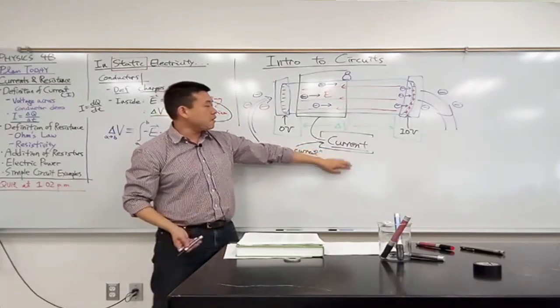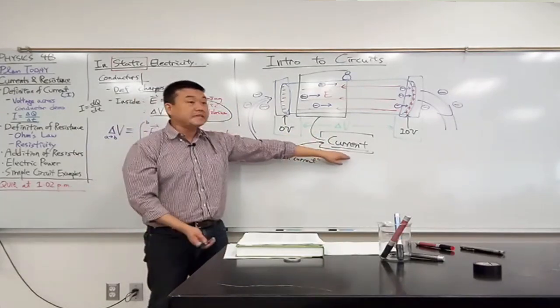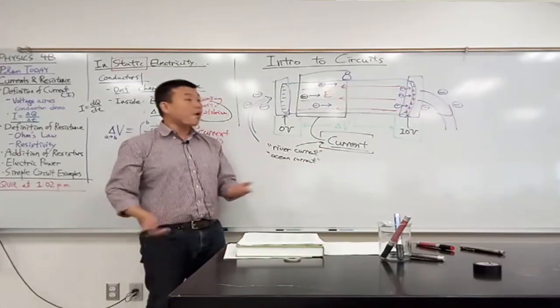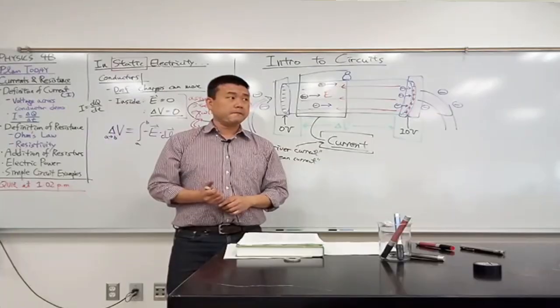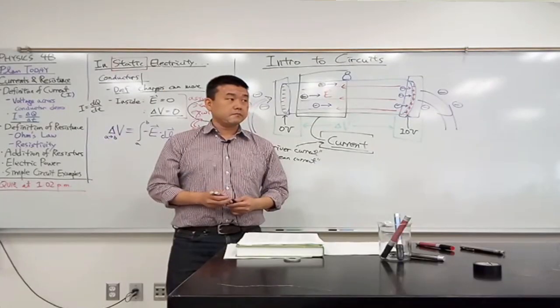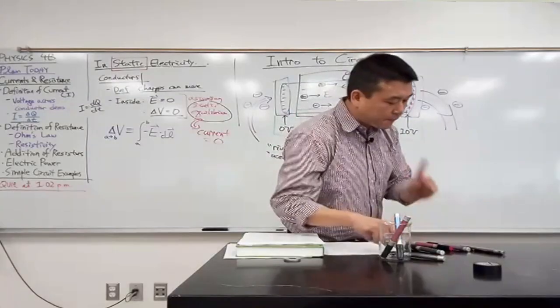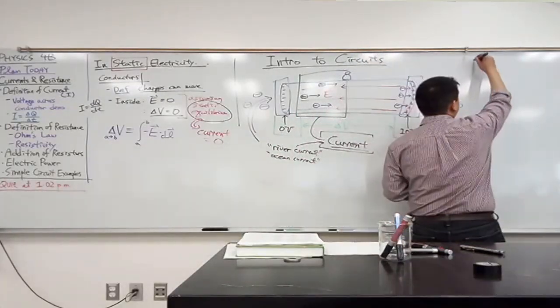So I want you to think of measuring this electrical current the exact same way we would measure water current. If you have water current, in what units do you think you would measure it? Okay, so there are different ways of measuring water current. Imagine you have a pipe here.